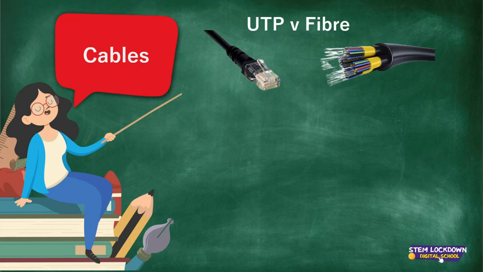All right. So normal UTP cables are much slower than fiber. Now that is really obvious, isn't it? But like I just said, the amount of speed you need depends on your own requirements, right?